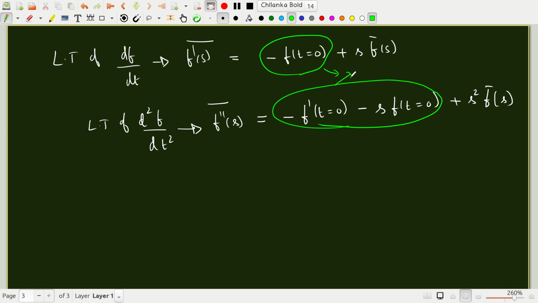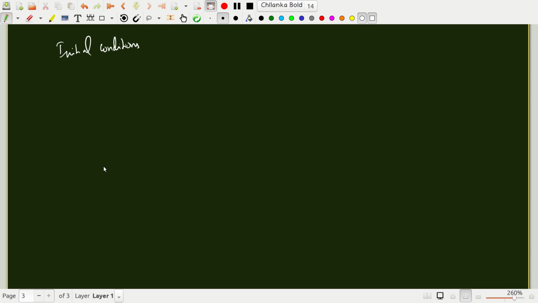These are usually obtained from the initial conditions for f of t. Remember that if you want to solve an ODE, you have to supply initial conditions. If you want to solve a second order ODE, you need two initial conditions and so on. So we have to use the initial conditions to complete the problem.